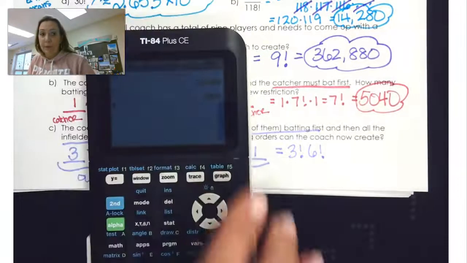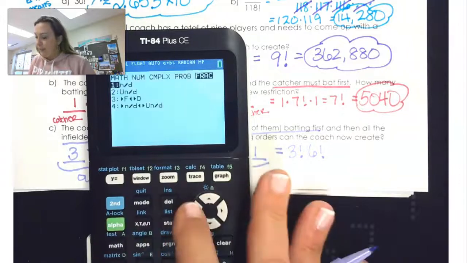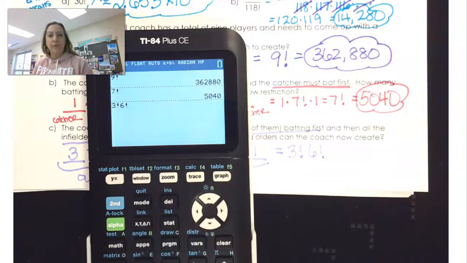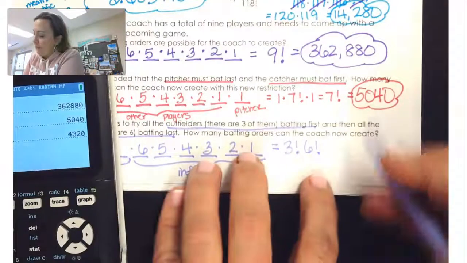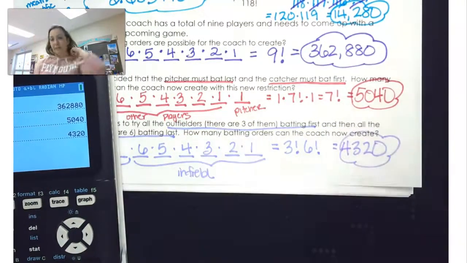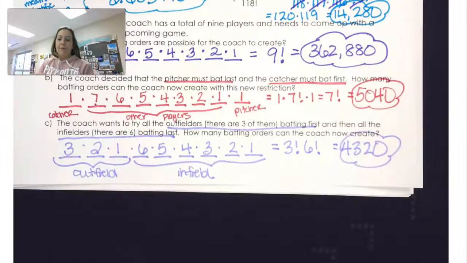And you should be able to put it in your calculator just like that if you'd like. You can take 3 factorial and then right next to it 6 factorial. You could put a times sign between them if you wanted. And then that gives us 4,320 different possibilities. So fewer possible batting orders, but still something good to deal with there.